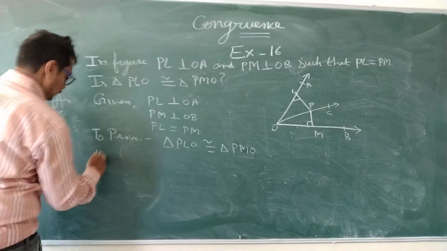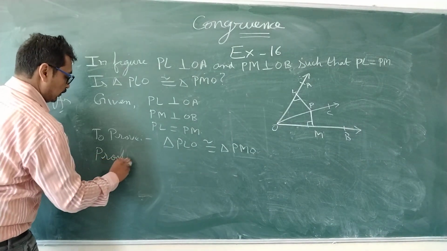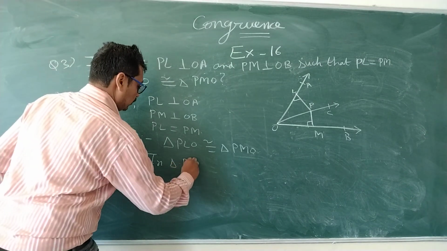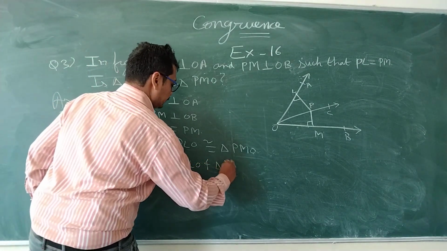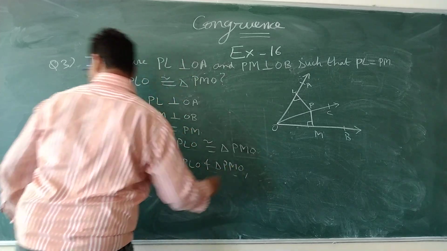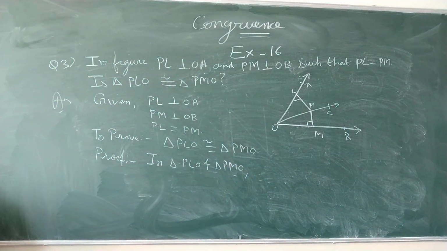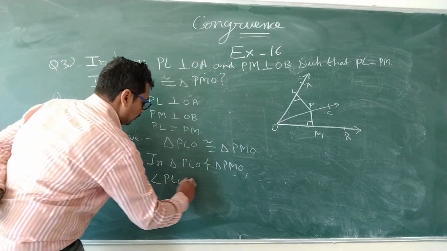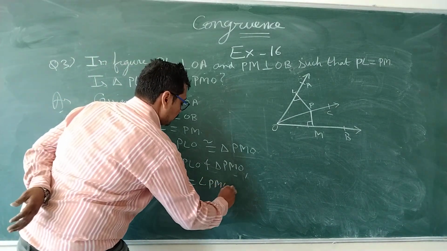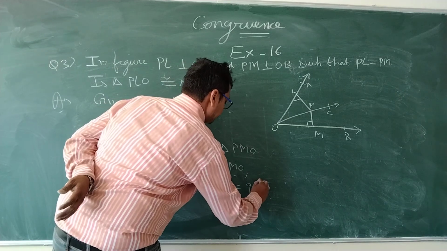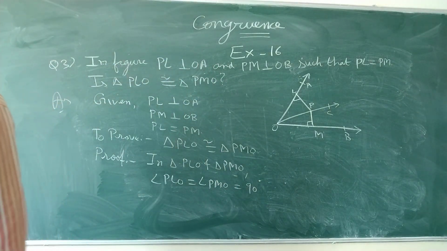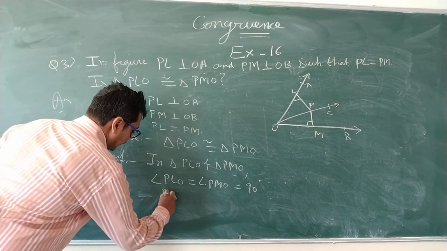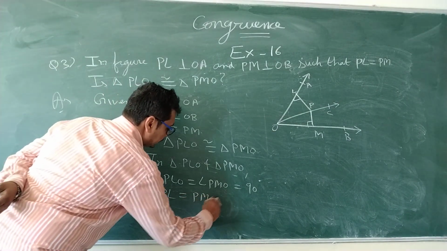So in triangle PLO and triangle PMO, angle PLO is equal to angle PMO, which is 90 degree. PL is equal to PM, this is given.